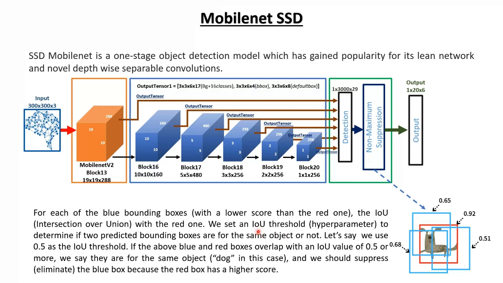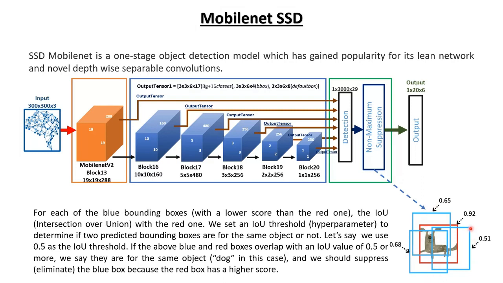A technique of IOU, or in other words, intersection over union, is used in this case. The intersection over union between this blue box and red box will be measured, and if it passes some threshold value, for example the threshold value is 0.5, so if this red box and blue box have IOU over 0.5, then we will just disregard these blue boxes. Same thing for these blue boxes.